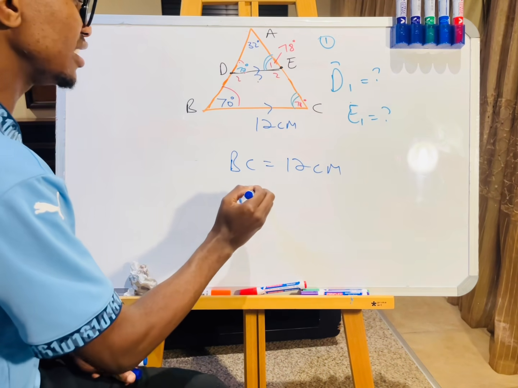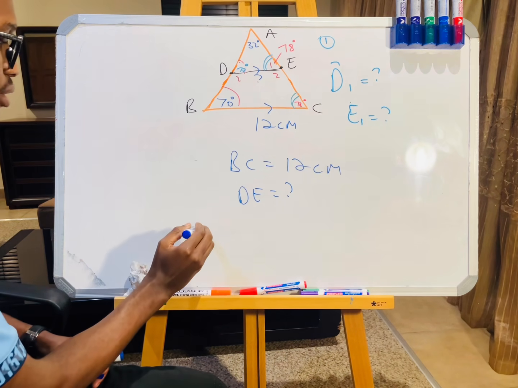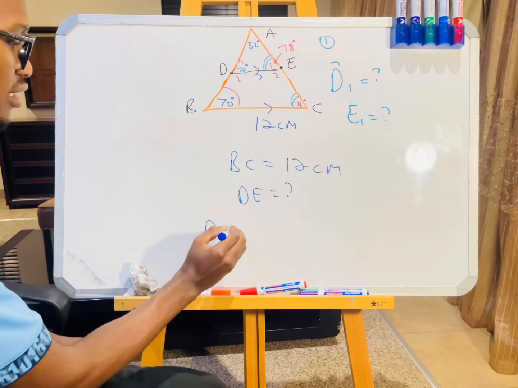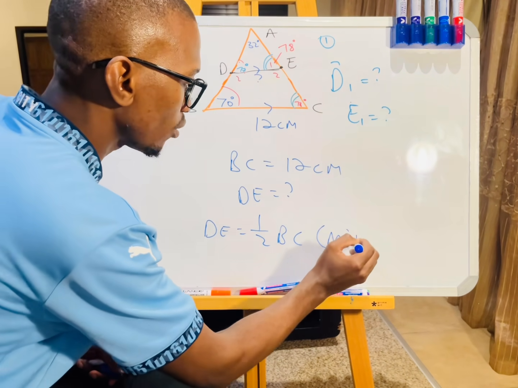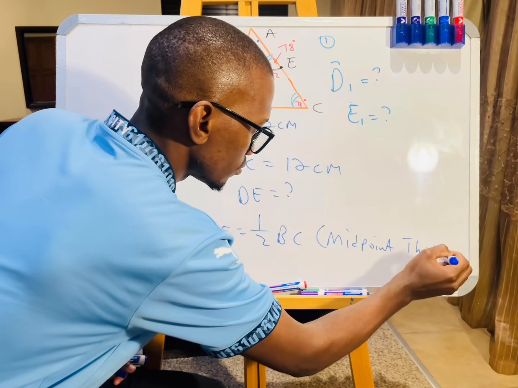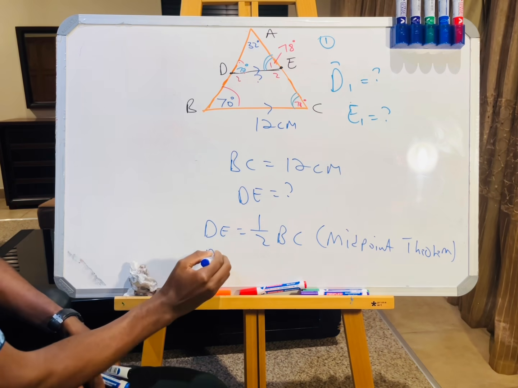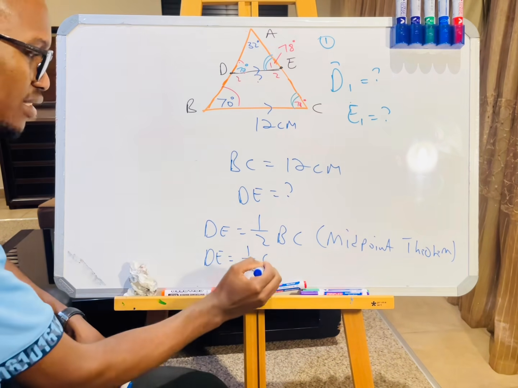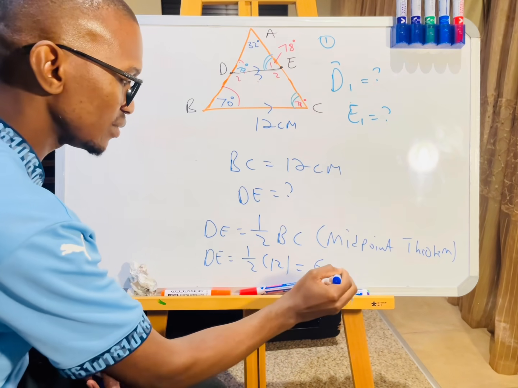What is our DE? Guys, we know from the midpoint theorem that DE equals half of BC. So what is my DE? DE equals half of BC, which is 12. What is half of 12? 6 centimeters.